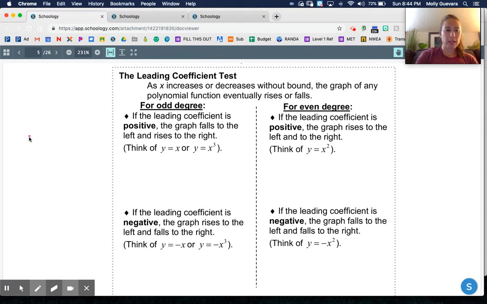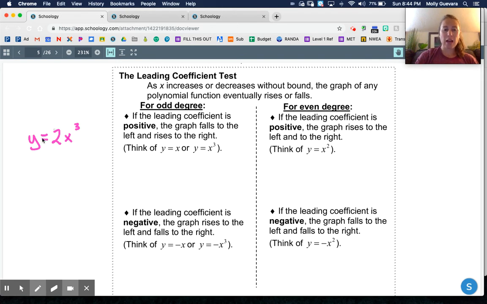For an odd degree, if the leading coefficient is positive, an example would be 2x to the third, something like that. It could be 100x to the 11th, right? It doesn't matter, as long as the leading coefficient is positive and the degree is odd. Those are the only two things I care about.